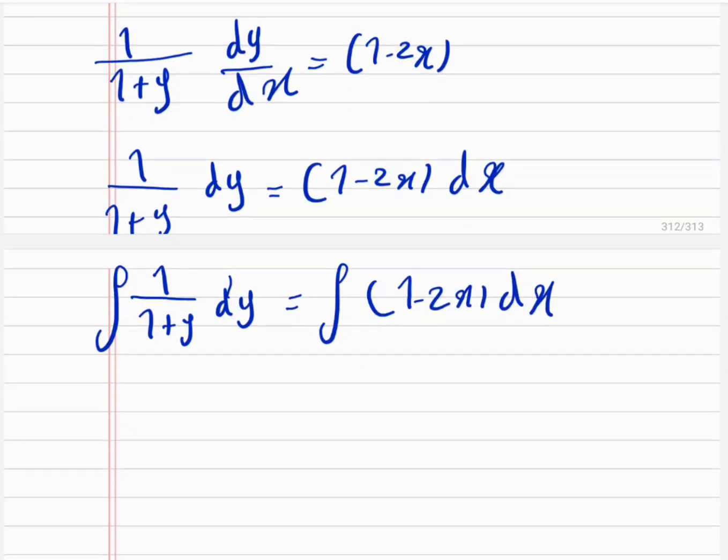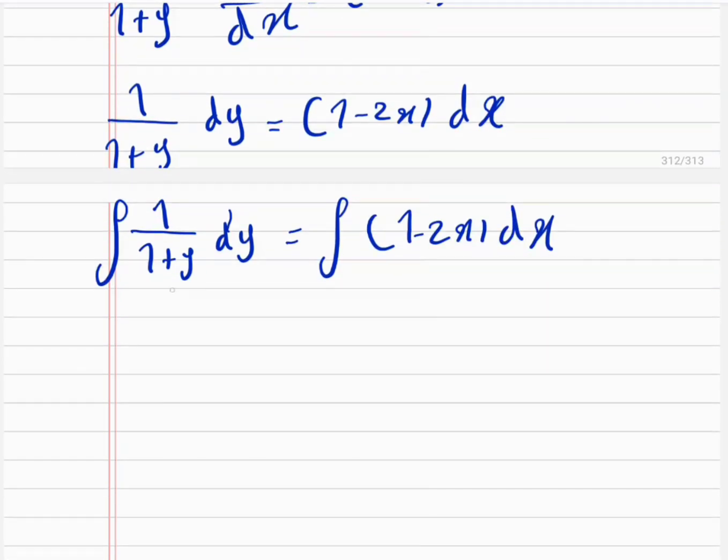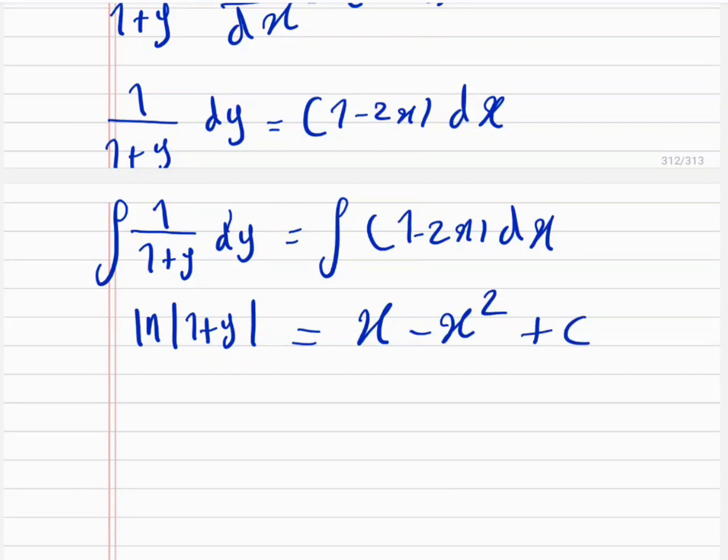The integral of 1/(1 + y) is simply ln|1 + y|. And for the right hand side, this is just a simple pure one integration. This gives us x − x² + c.